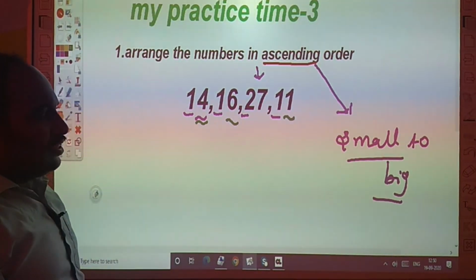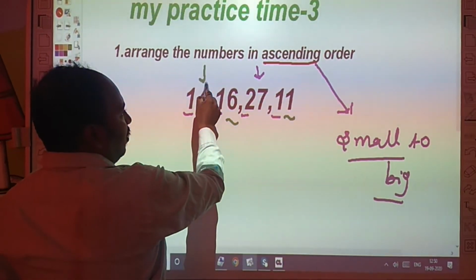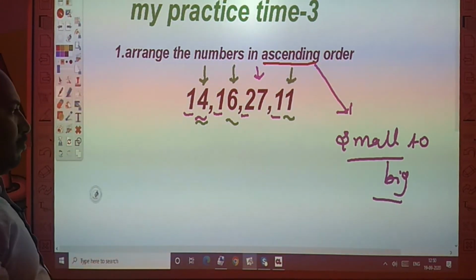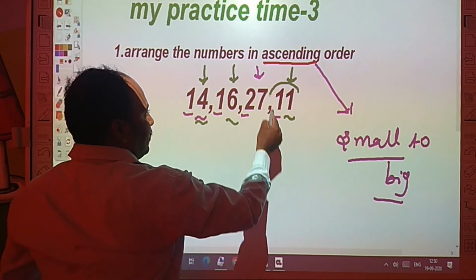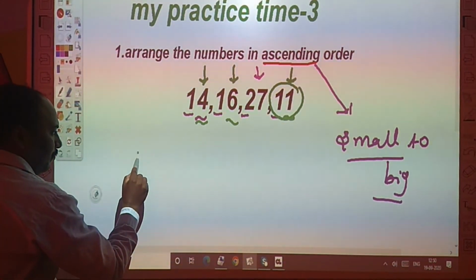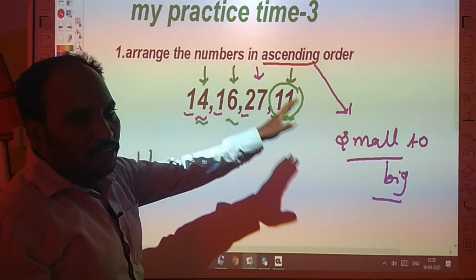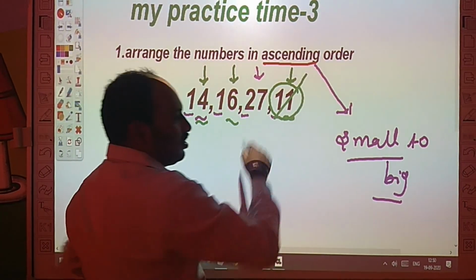Which one is the smallest? The number 1 is the smallest number. We take 11. So number 11 is smallest of all.